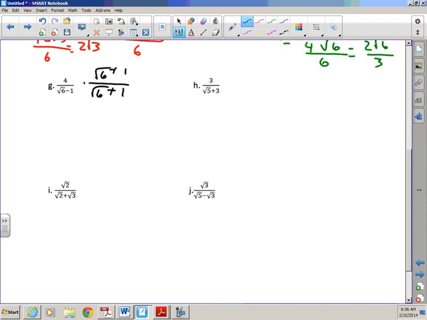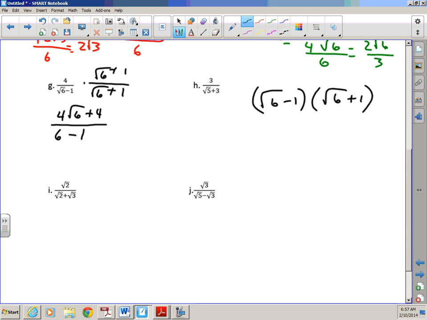So 4 radical 6 plus 4. And now when you FOIL this, you're going to end up with 6 minus 1, because the two middle terms are going to disappear. In other words, if I do radical 6 minus 1 times radical 6 plus 1, that's a positive radical 6 here, that's a minus radical 6, and then a minus 1.